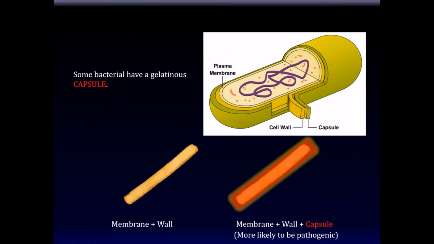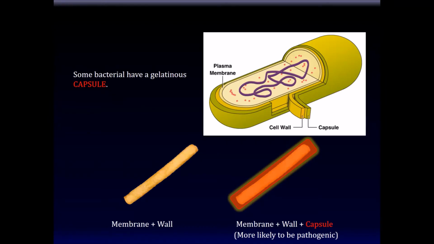In addition to the cell membrane defense and the cell wall, some bacteria have something called a capsule. So if a French fry was a bacteria that has a cell membrane and a cell wall, right?